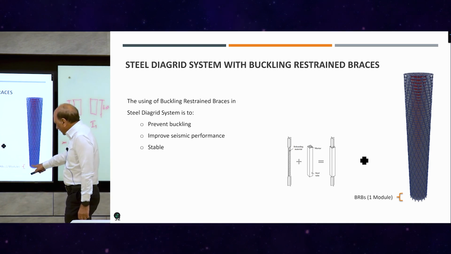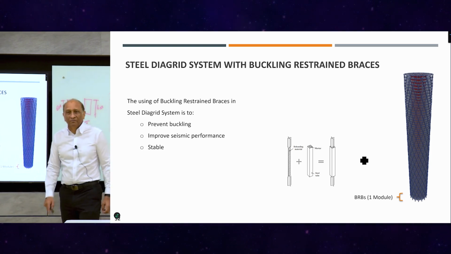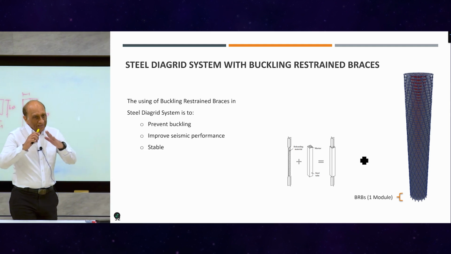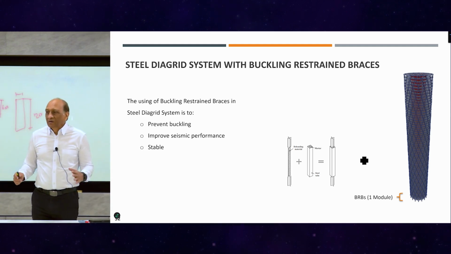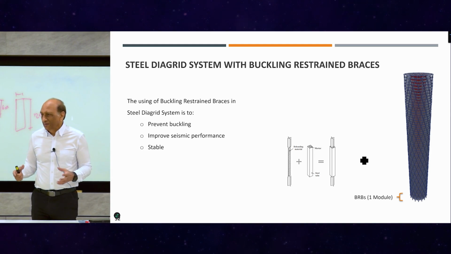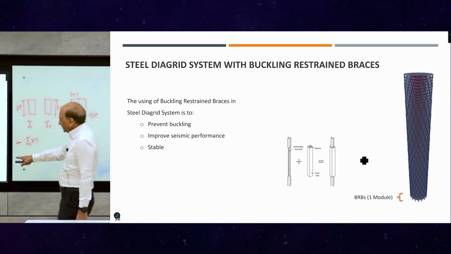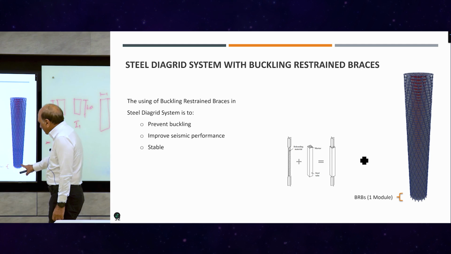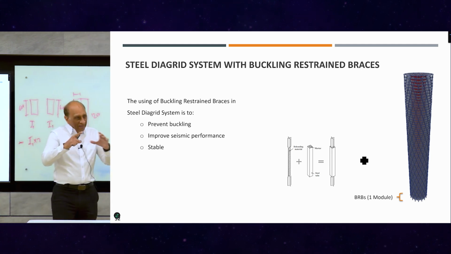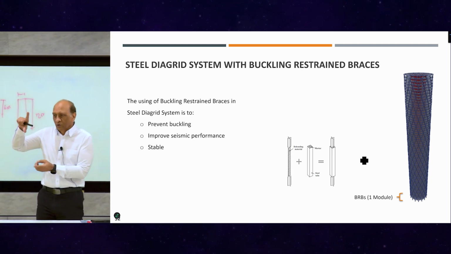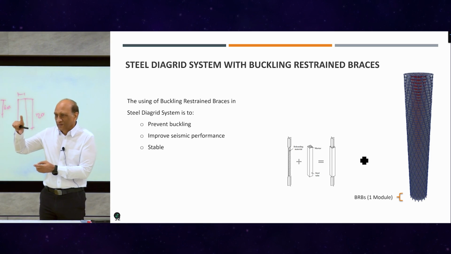In Philippines, we found that the braces or the diagonals at the lower level, even if we make them very big, would still buckle. They would become just too big and attract more forces. So we decided to replace all the diagonals only in the first 3 or 4 floors by BRB, first level, 2 levels.